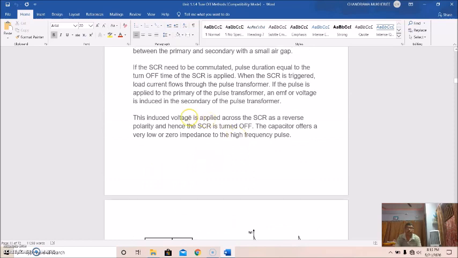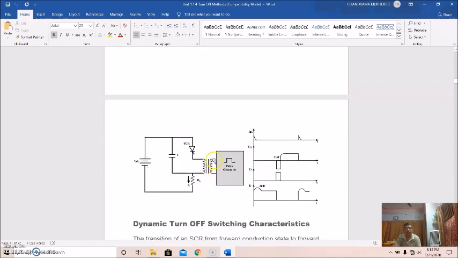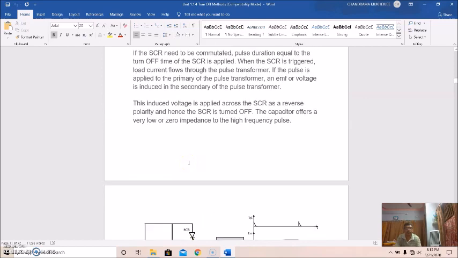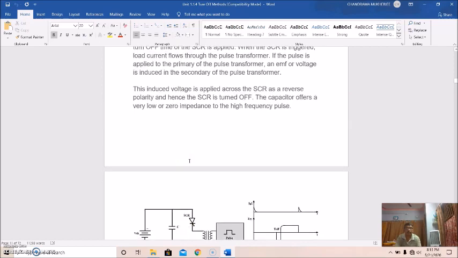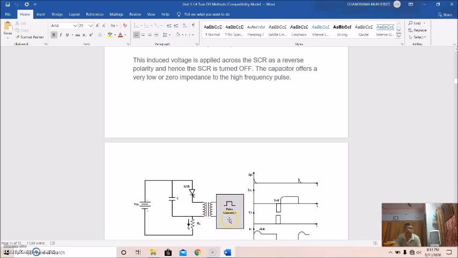If the pulse is applied to the primary of the pulse transformer, an EMF or voltage is induced in the secondary of the pulse transformer. If the pulse is applied here, a voltage will be induced here.